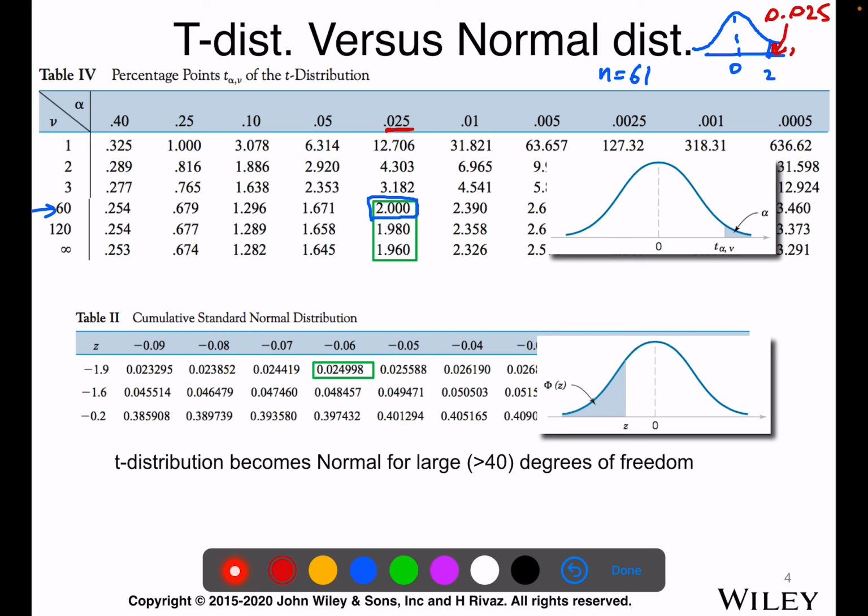And if we look at the counterpart in the Z, in the normal distribution, we see that the number here is 1.96, right? So 2 is quite close to 1.96, right? And that's why for degrees of freedom more than 40, we just use the Z distribution, right?